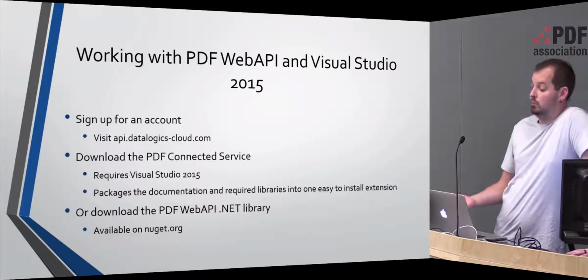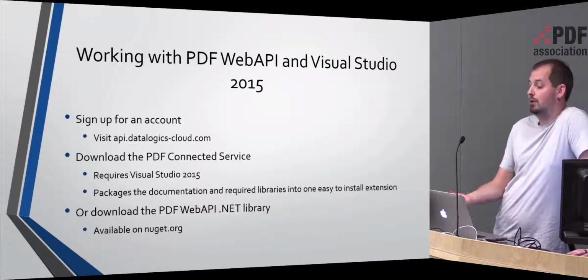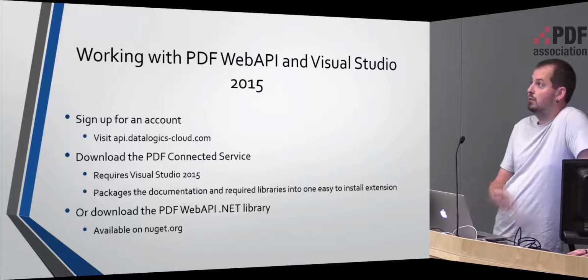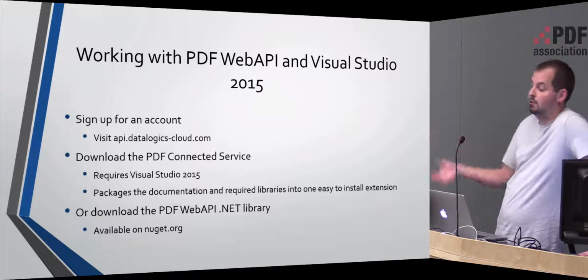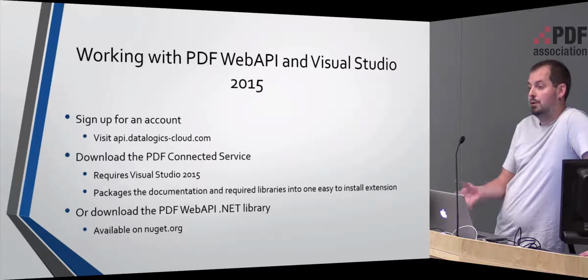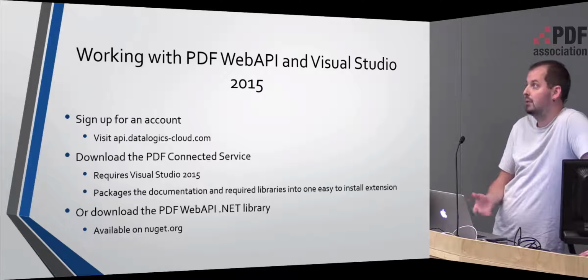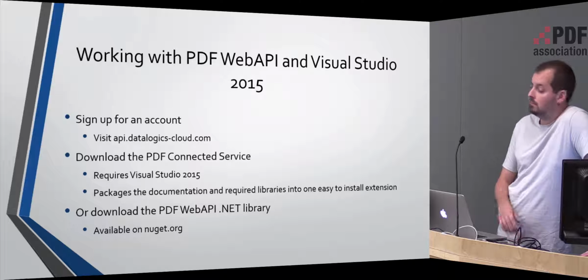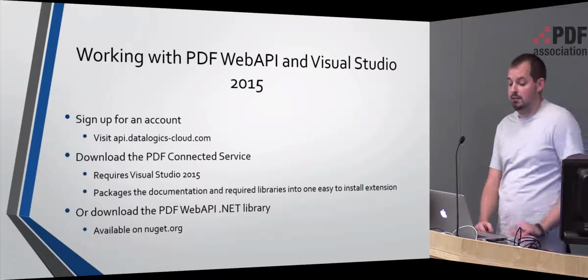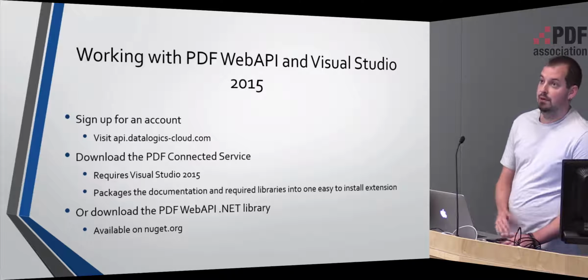To work with the PDF WebAPI, you can use it from any language. But one of the things we've been doing from the beginning of this year until now is building an extension to Visual Studio 2015 that allows you to basically drag and drop our library into your application and start using it with a few lines of code. With Visual Studio 2015, they added a thing called a connected service.